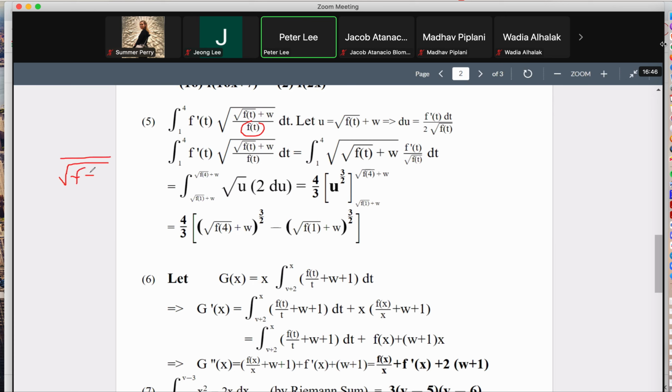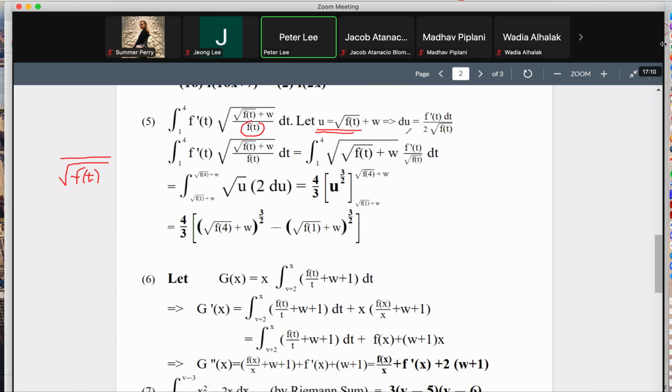So when you have a square root of f of t in the bottom here, what is the substitution here? That means the substitution should be u is equal to square root of f of t. That's basically the idea from here, because the derivative of square root of x is 1 over 2 times square root of x.